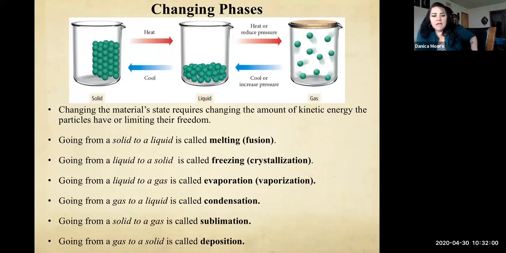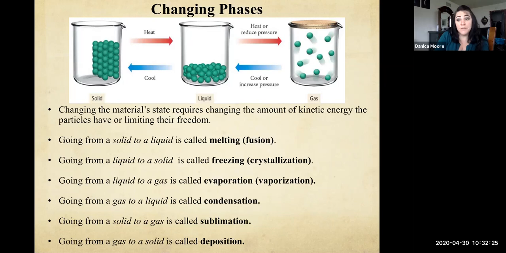So what we want to talk about now is phase transitions, okay? I think most of these terms are hopefully familiar to you guys, but some of them might be a little bit weird and new. So going from a solid to a liquid is called melting, aka fusion.